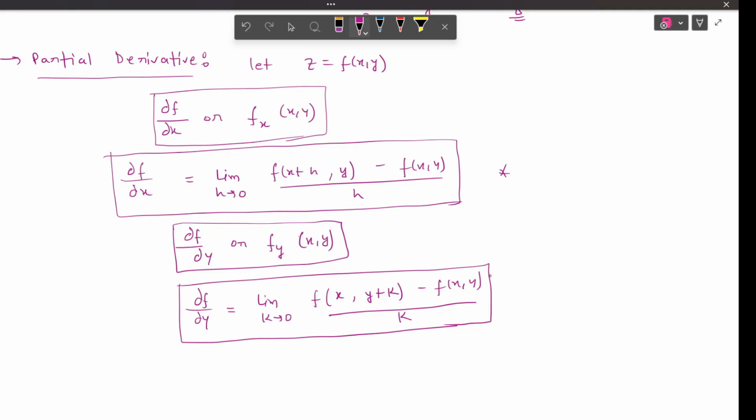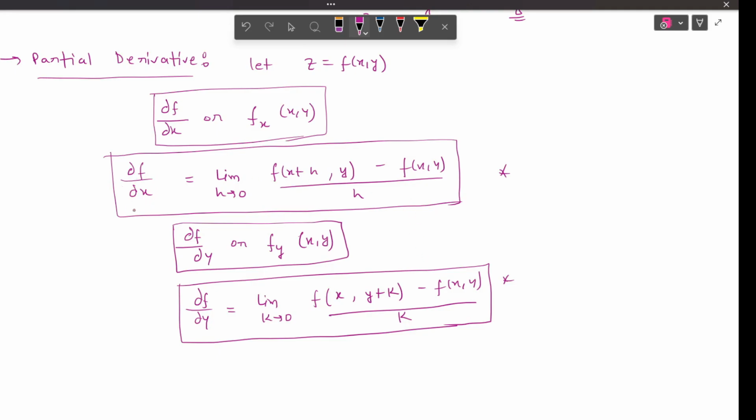So remember these two things, it is very important. Remembering this is very easy because whenever it is h tends to 0, h is in the denominator. Whenever it is k tends to 0, k is in the denominator. And minus f of x y is in both the differentiations.